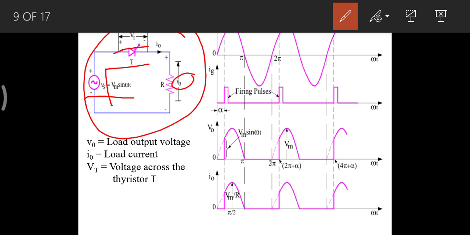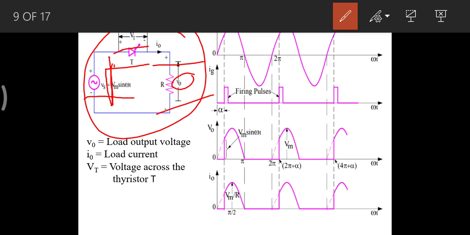Before the triggering pulse or gate pulse, the voltage across the load is 0. Okay? But when it starts conduction, the entire voltage we applied here appears across the load.